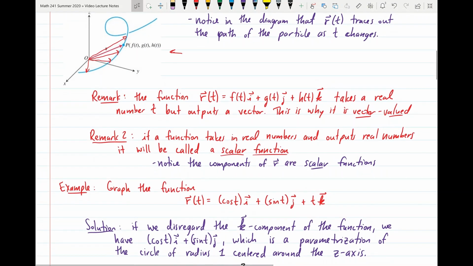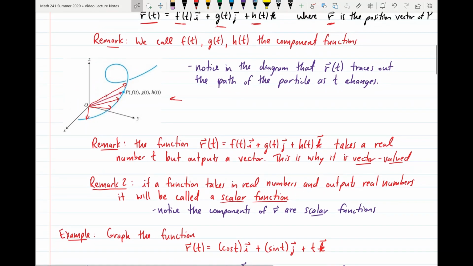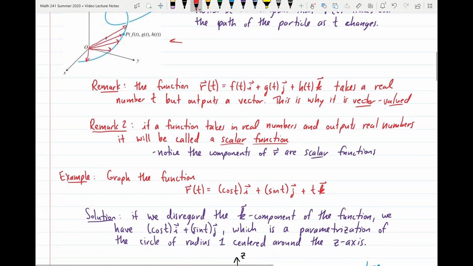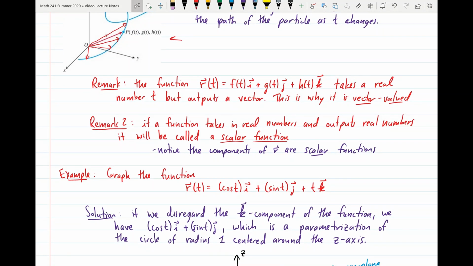So notice that this vector valued function that we just talked about takes the value t as an input, and t is just some real number, but the output is not a real number. The output is a vector. And for that reason, we call these kinds of functions vector valued.